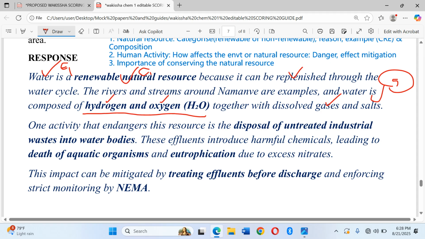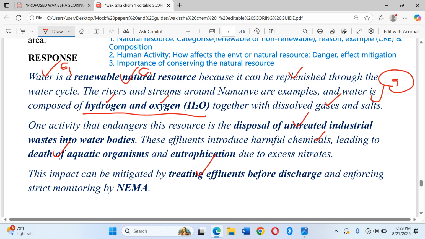An activity which endangers this resource is the disposal of wastes, and we have seen it from industries. These effluents introduce harmful chemicals, that is a danger, leading to the death of aquatic organisms, which is the effect, and this impact can be mitigated by treating effluents before discharge.